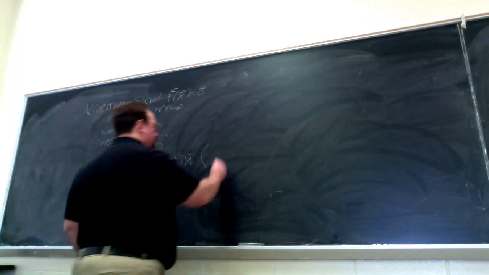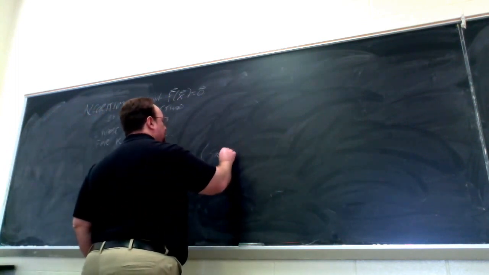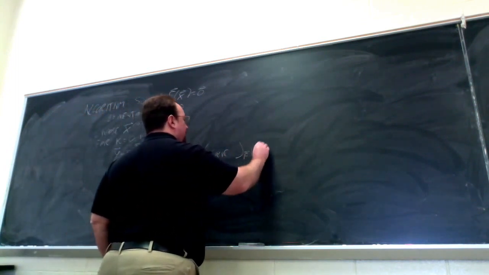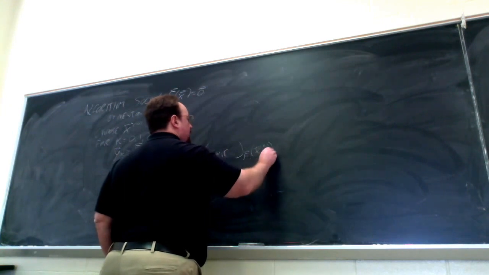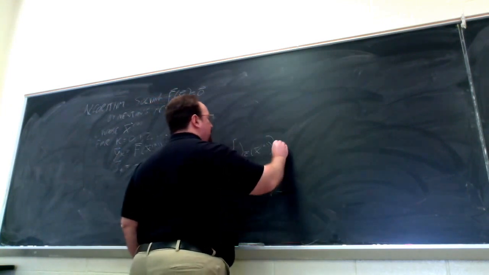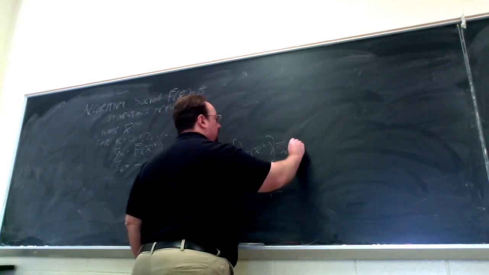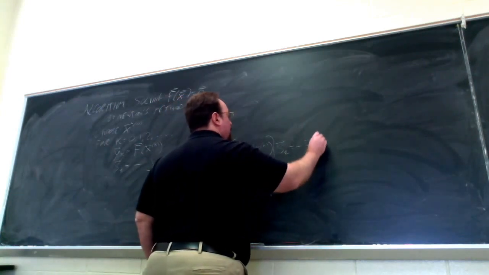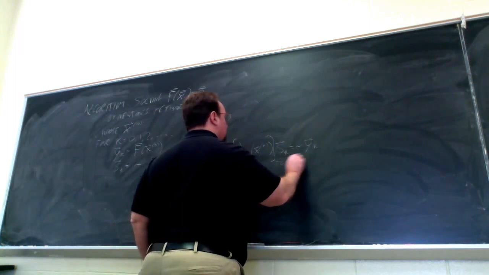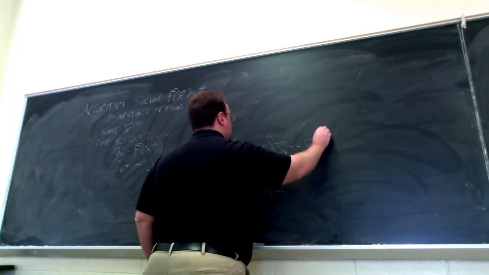But as I said before, you wouldn't code it this way. You would solve the Jacobian of f at xk, that matrix, times sk equals minus yk.